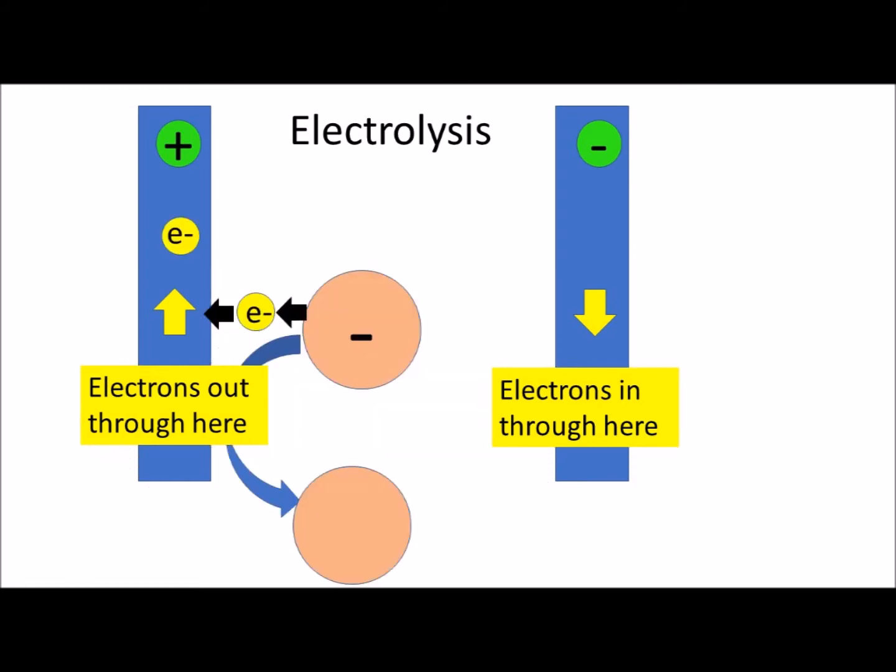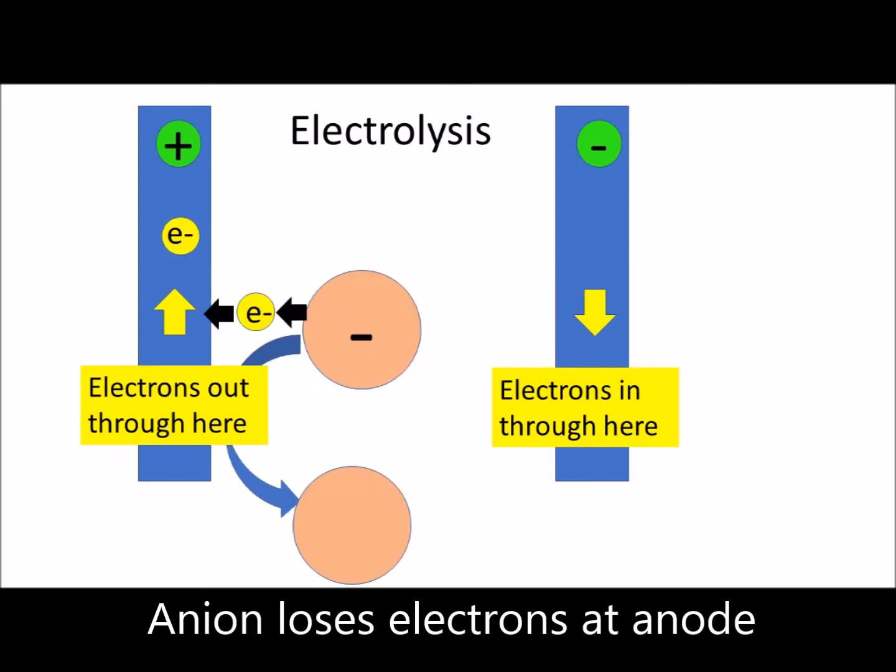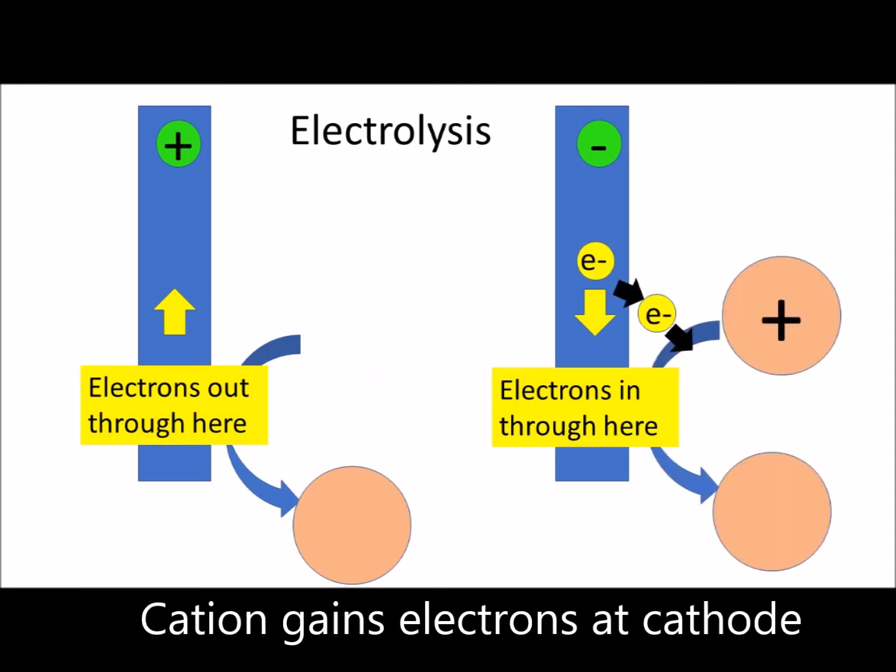A negatively charged ion, also called an anion, can give up any spare electrons and return to being a neutral atom. A positively charged ion, called a cation, can collect new outer shell electrons to replace the ones it gave away and become a complete atom again.